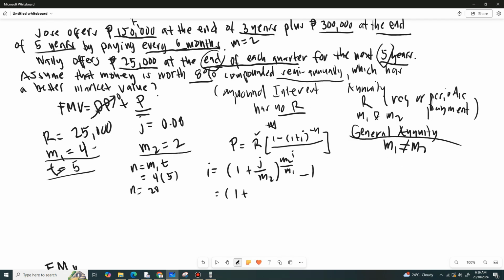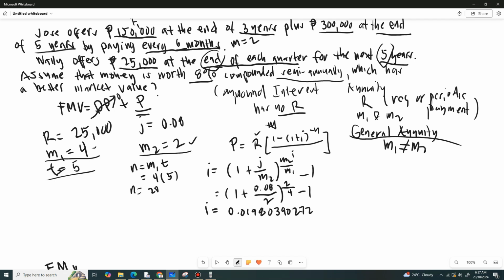So, we have 1 plus J, which is 0.08 divided by M2, which is 2, raised to M2 over M1, which is 2 over 4, minus 1. Computing this will give us 0.01980390272. Now we can solve for P.